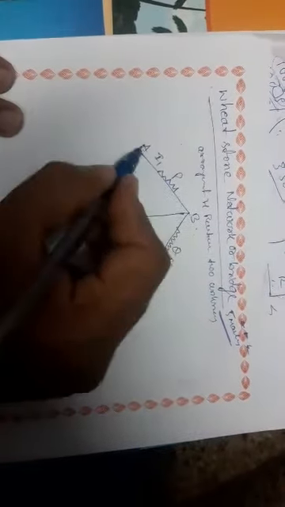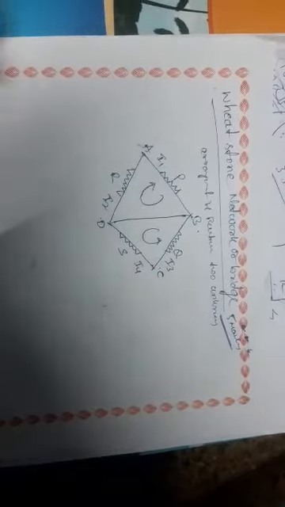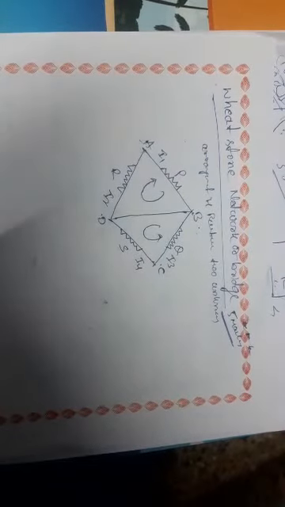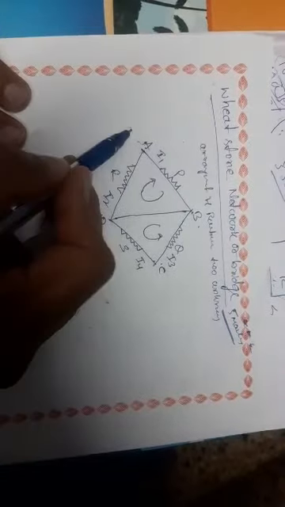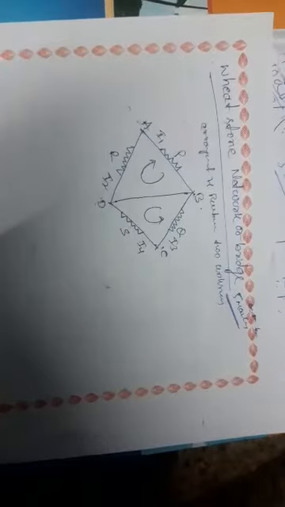This means it is a conductor loop. A, B, D, A is one closed loop. B, C, D, B is one more loop. 2 loops. ABDA is one loop and BCDB is another loop.